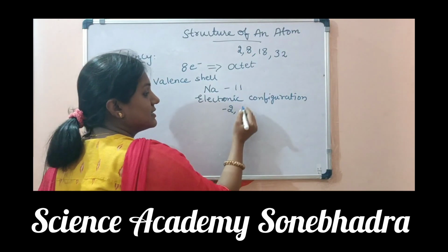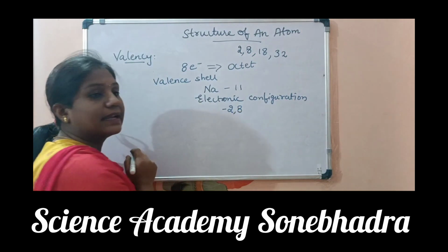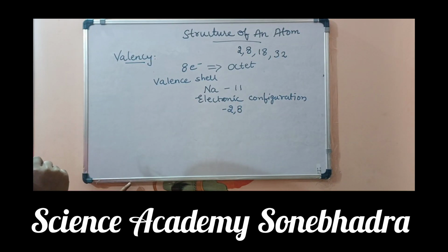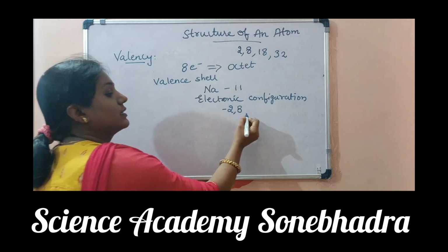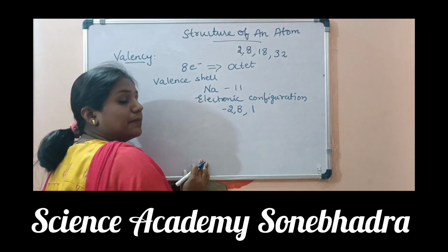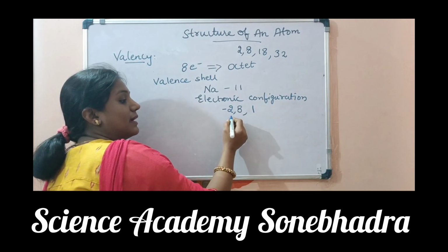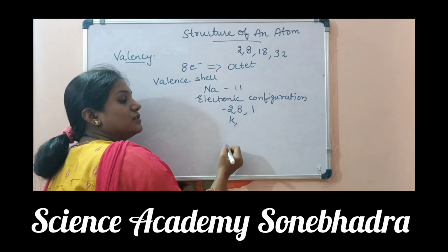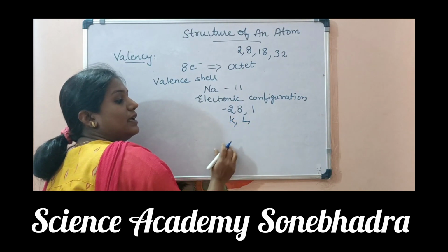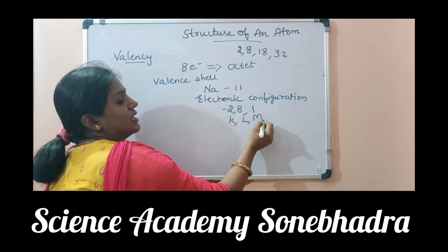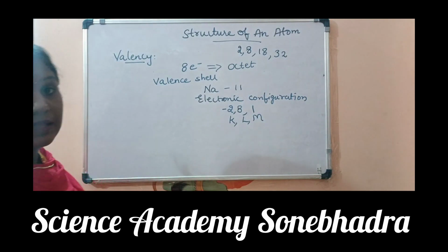In the second shell, I can accommodate 8 electrons. Now, how many electrons are left with us? Only 1 electron. So in the third shell, I place 1 electron. That means in the K shell 2, L shell 8 and M shell 1 electron.